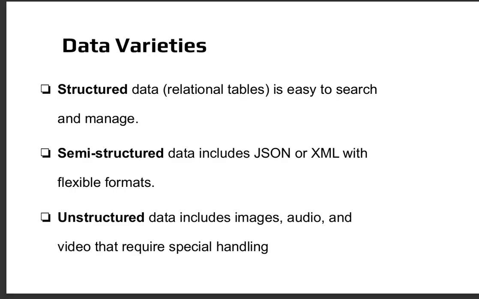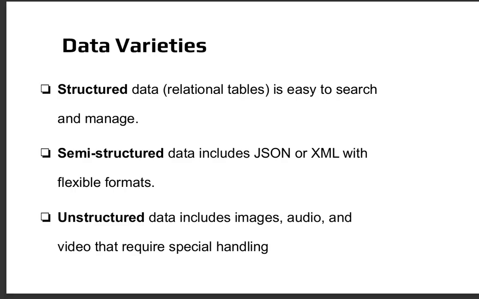You want to understand the three common data varieties: structured, semi-structured, unstructured. Structured data are your relational databases. You have tables that allow you to perform identity correlations and relationships using your search queries.